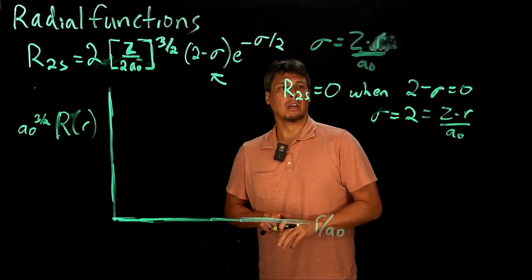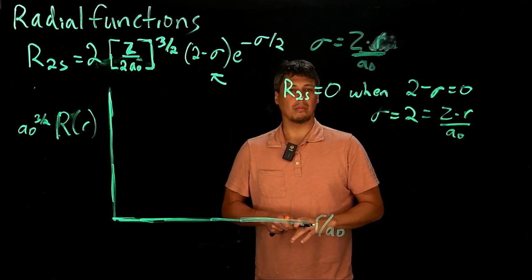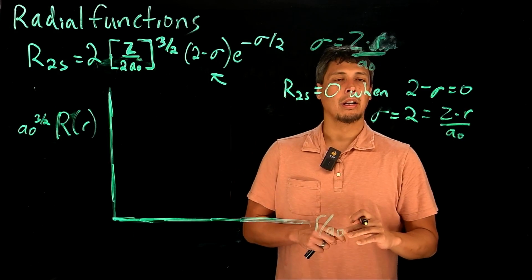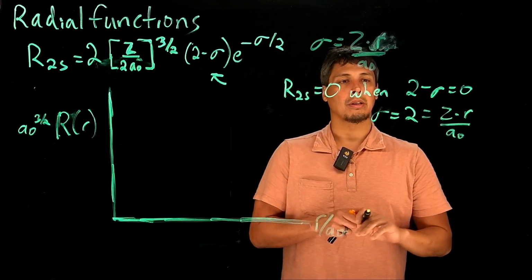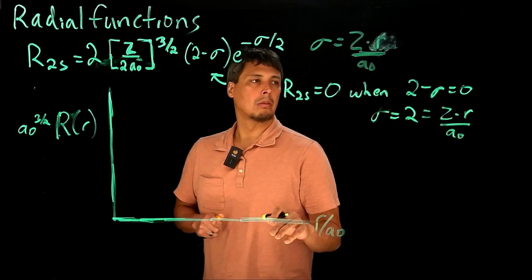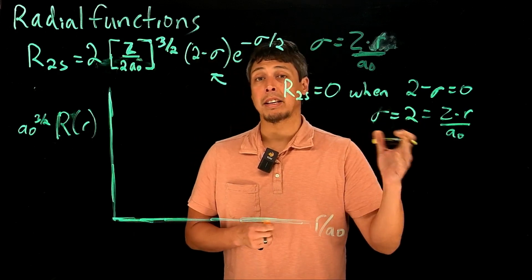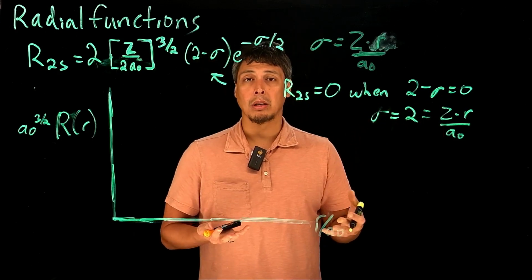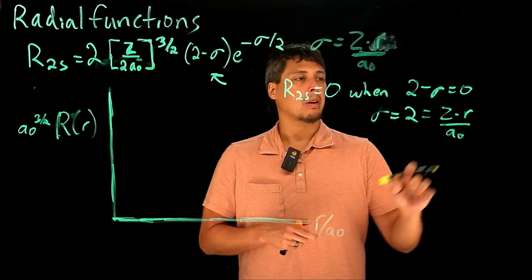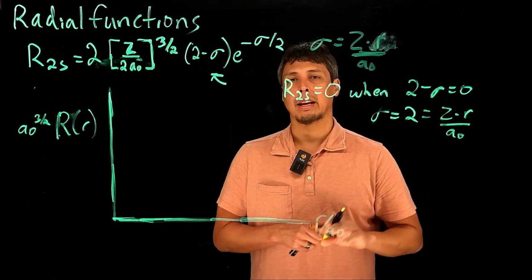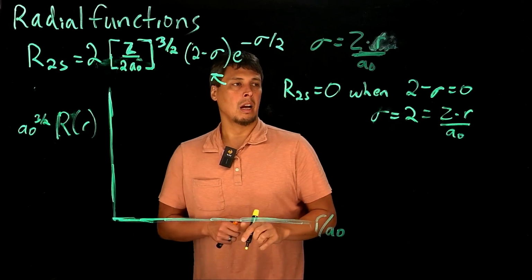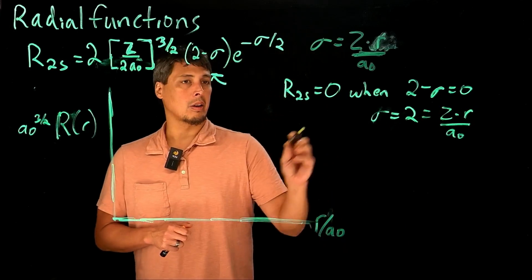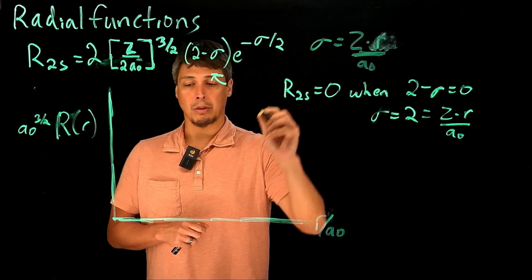So that's going to be dependent, again, on the nuclear charge. As an example, if the nuclear charge is 1, such as for a hydrogen atom, then when the radius is twice that of the Bohr radius, we expect to see a value of 0 for R2s.